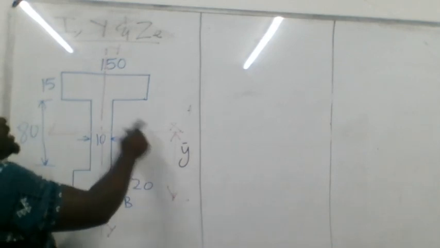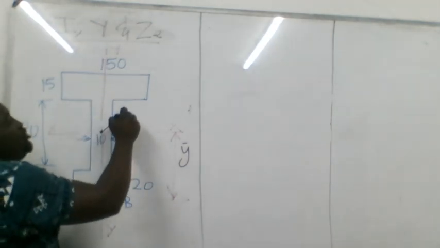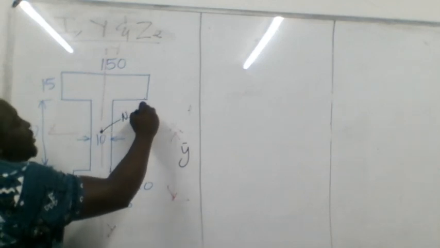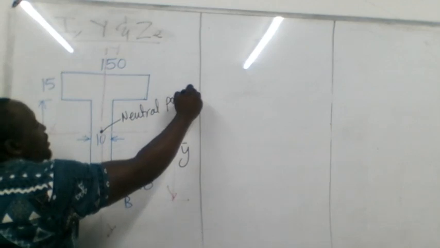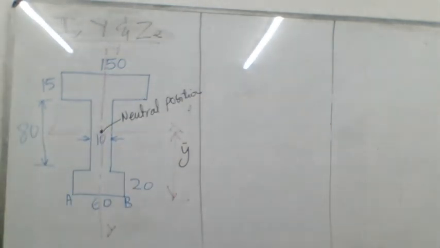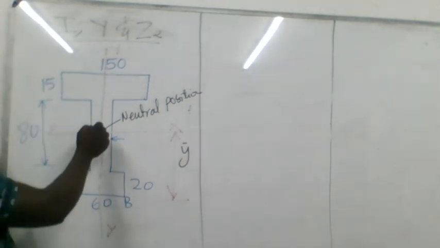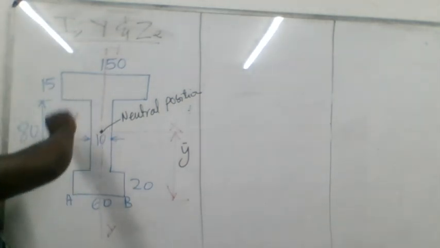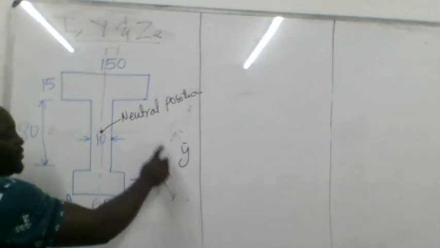This XX and YY, where they cross here, this is known as neutral position. This is where it is centrally concentrated in terms of the weight. When you put a point there, it means it's balanced. So we measure YY from there.